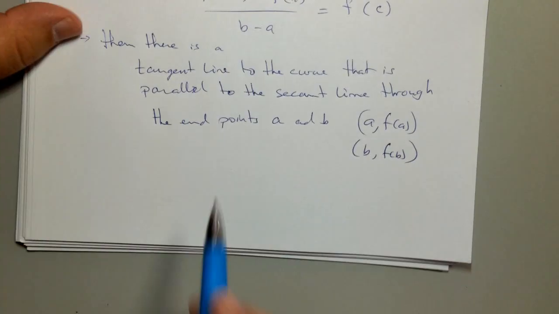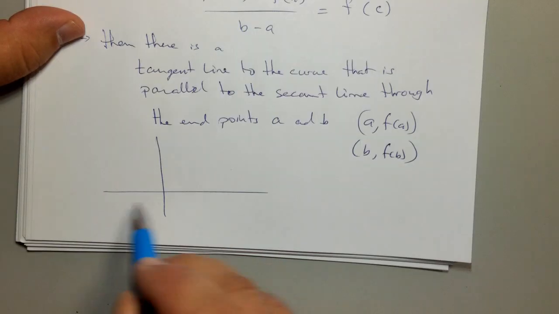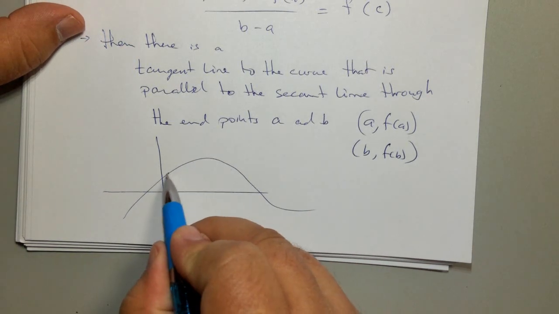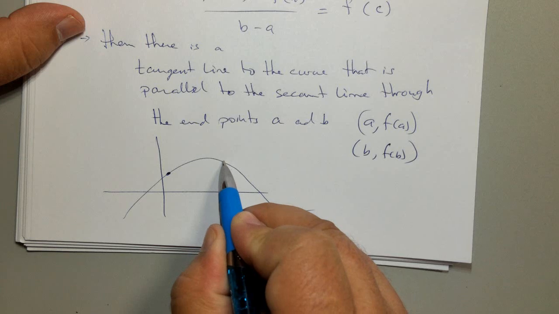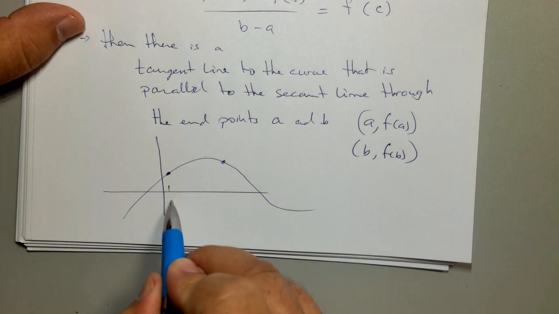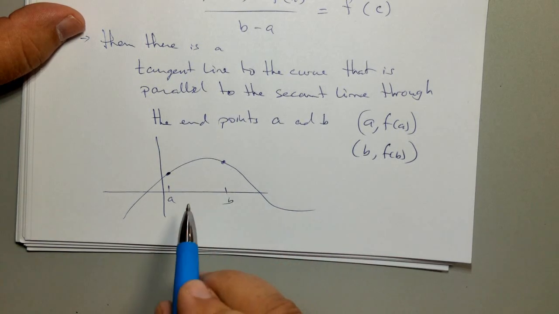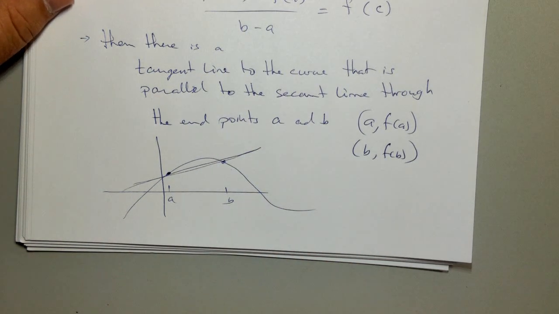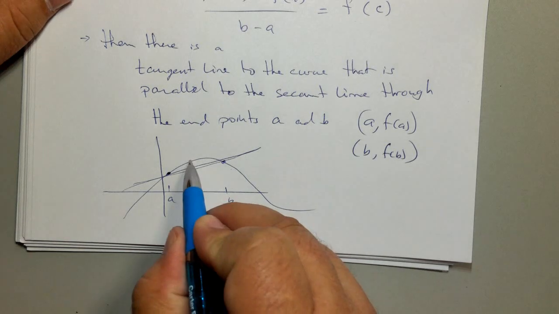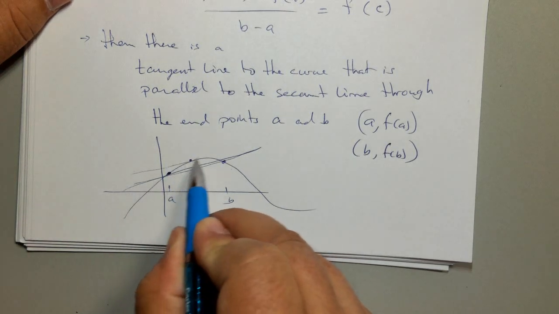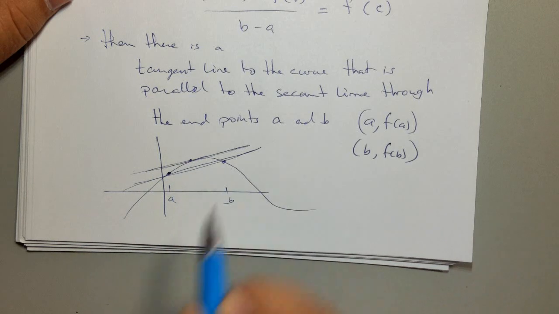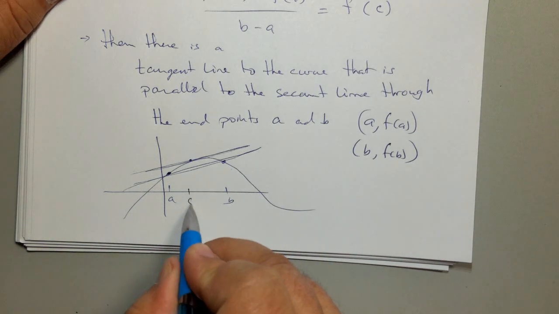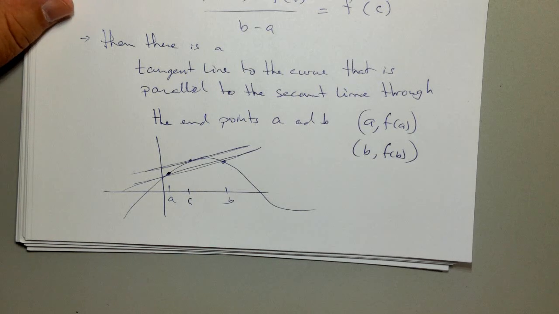What does that look like? Here we have A and B. There's the secant line. Then there's also a tangent line that has the same slope at some point C inside the open interval AB.